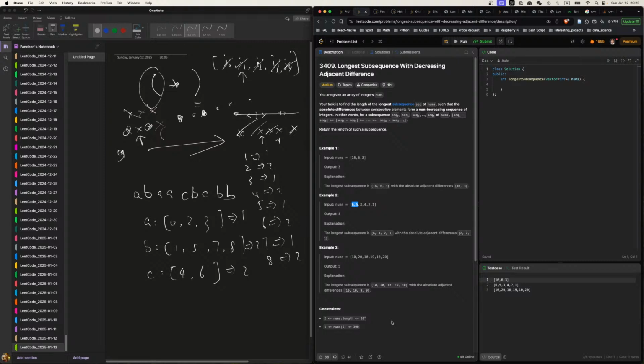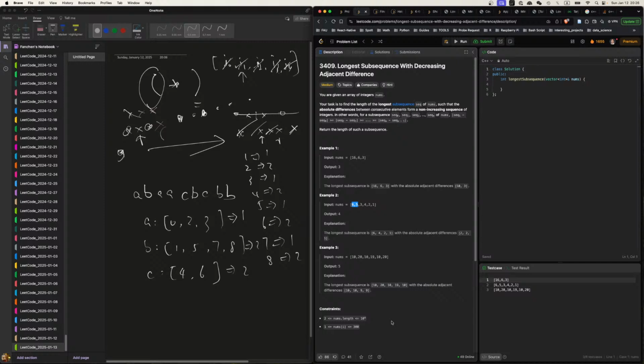And when you are in, or is the DP like including? I shouldn't say including. It should just be from the start to an index, and we have the longest subsequence. At that point, we need to know what's the last, don't we? Or the difference.